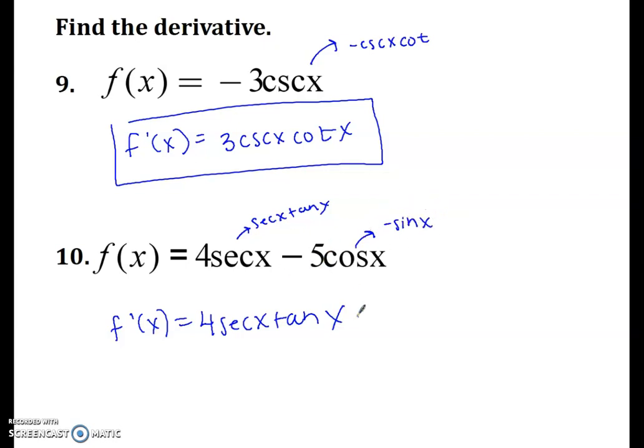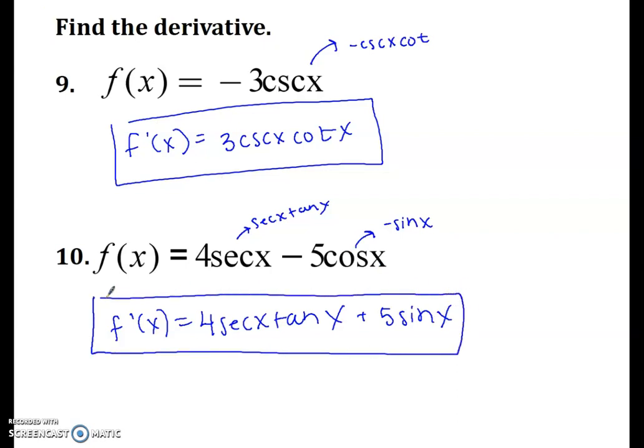So that's going to switch this to plus 5 sine of x. And that's all. So unless they specifically say use the quotient rule, you can just look at your derivative sheet and grab the derivative from there. You only have to change it to sine and cosine when it says use the quotient rule.